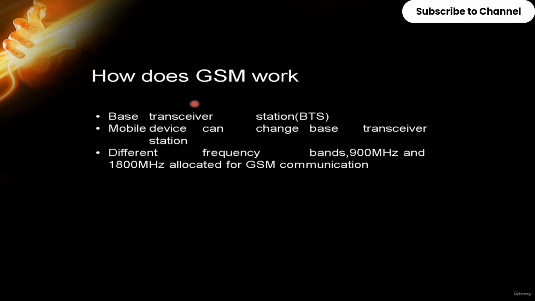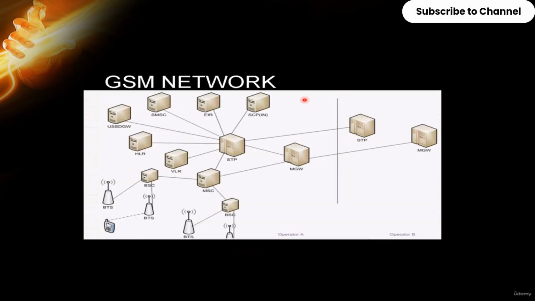GSM needs a base transceiver station module to communicate with the mobile device. The mobile device can change the base transceiver station. It is like a base station. GSM provides the frequency band of 900 megahertz to 1800 megahertz. In this diagram we can see a GSM network.